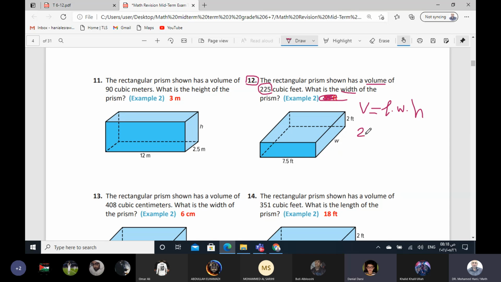You can write here 225 equals the length 7.5 times the width, the missing value, represent W as a variable, times the height, which will be 2.